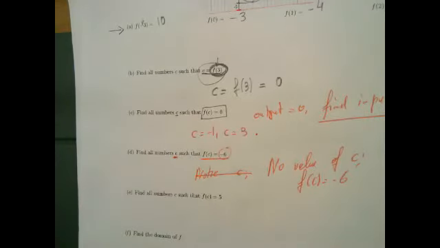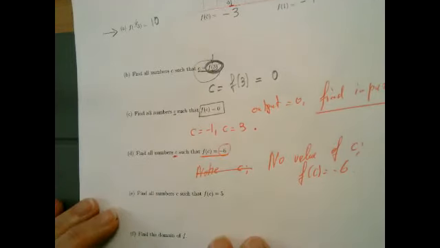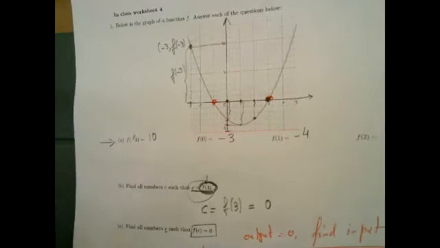Okay. Now, again, find all numbers C such that f of C equals 5. Again, here I want the output to be 5, so I have my output and I am after my input. I will give all of you 30 seconds to give me the answer.